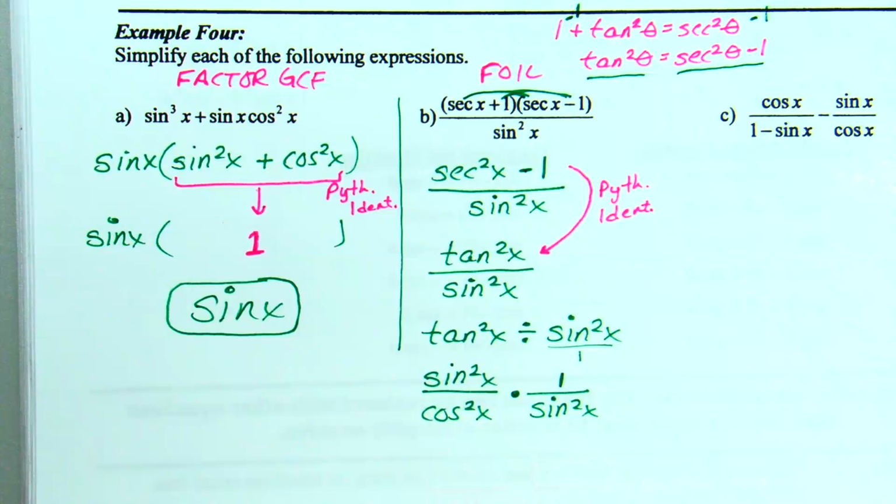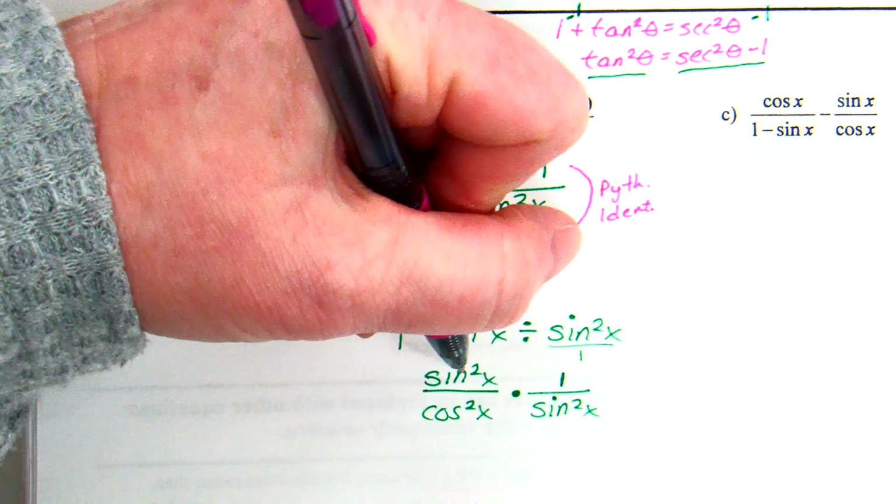Thank you. Okay, so dividing by sine squared is multiplying by the reciprocal, 1 over sine squared. And basic math skills here. What happens? Sine squareds cancel.